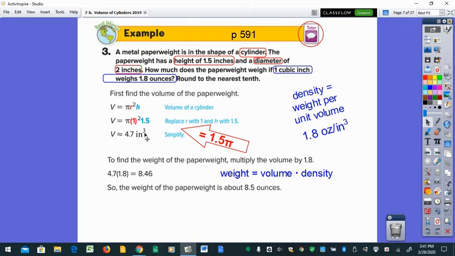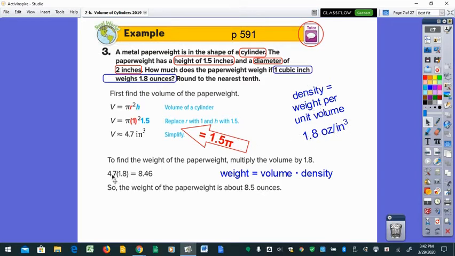but that's not a weight measurement. Inches cubed is not a weight. It's not pounds or ounces or grams, and in this case we want ounces. So once we have that volume, we're going to multiply by the 1.8 ounces per cubic inch. That's actually called a density. You might have talked about that in science.